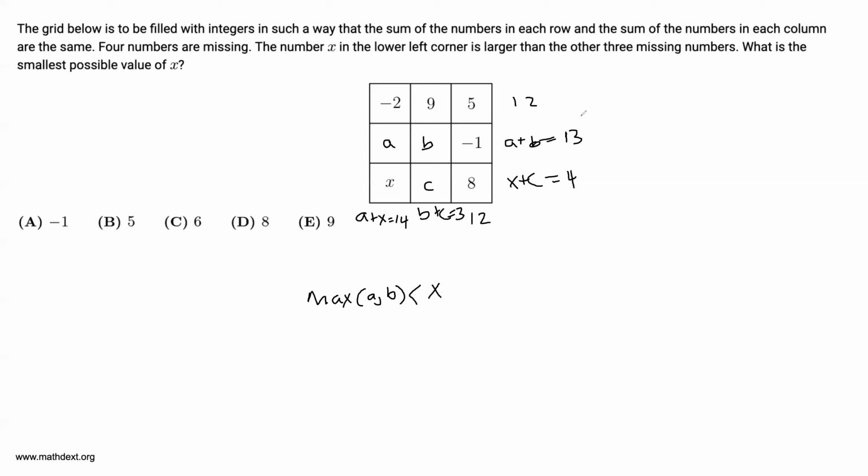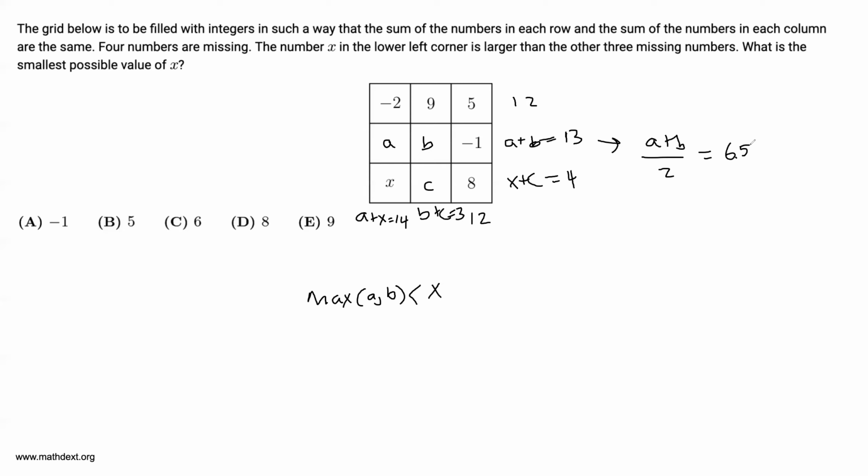So A plus B is equal to 13, right? So what does that mean? It means that their average is equal to 6.5. But you can't have A and B both be lower than their average.